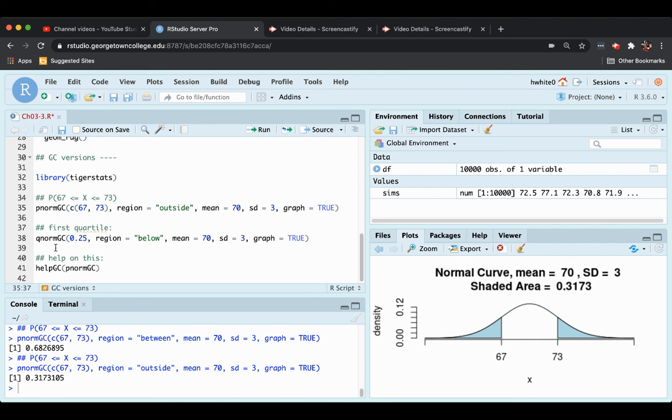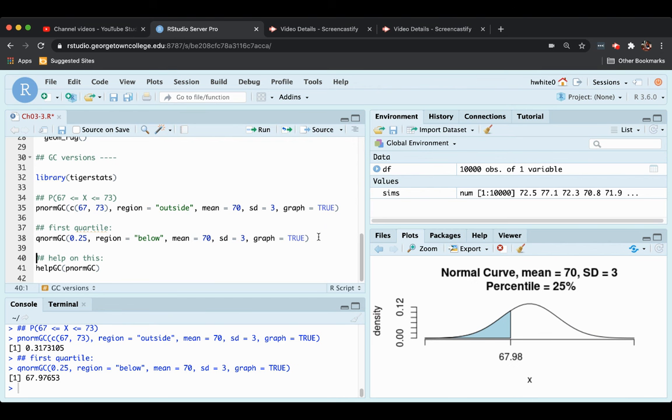If you want to work with percentiles, there's qnormGC. So if you needed the first quartile of this distribution we've been working with, you enter 0.25. Now you need to say region is below, and then mean and standard deviation. And it'll give you the answer here.